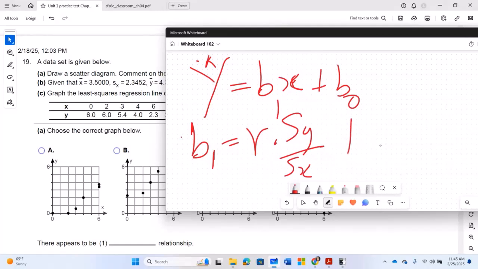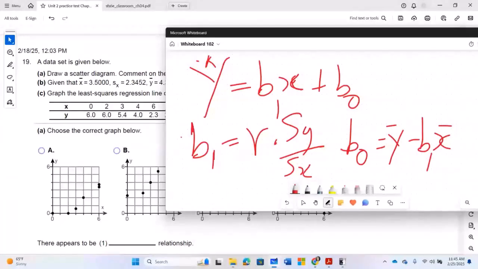And what is b0? b0 is equal to the mean of y minus b1, which we just calculated there, multiplied by x bar, that is the mean of x. And then we are all given those points.